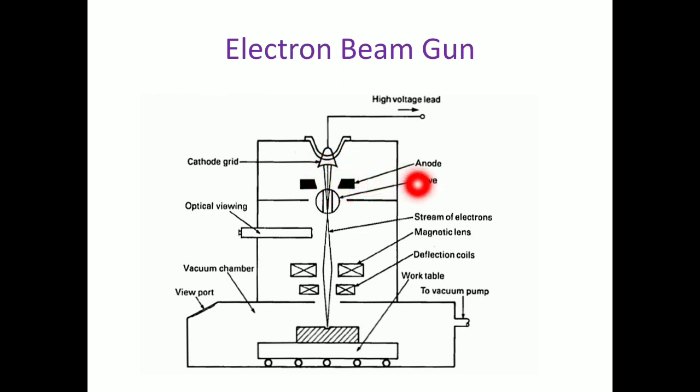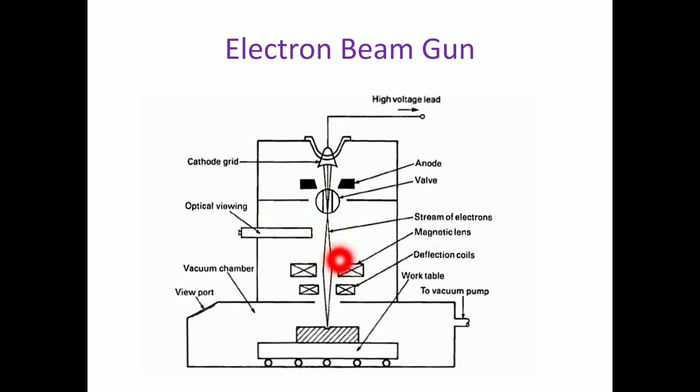The high voltage leads to the generation of electrons, and these electrons will be moving in a stream. A stream of electrons will be generated, constricted by these two valves, and moving in this direction with high velocity.